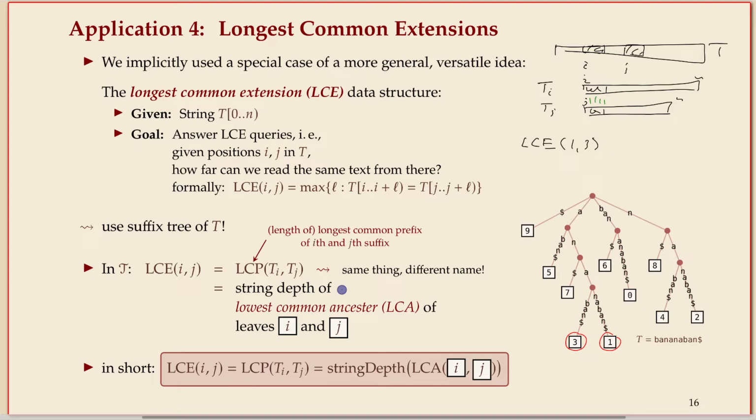And the longest common prefix of two suffixes, if we go to these two leaves, we notice that they share a path for a while and then they diverge. So the part that they share is exactly the path up to this node where the two split.